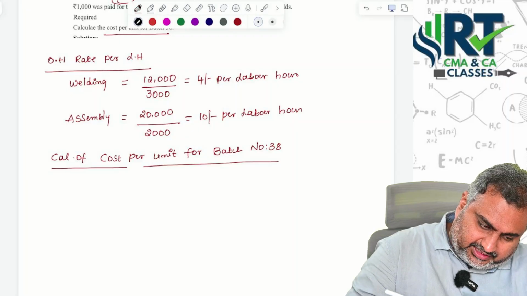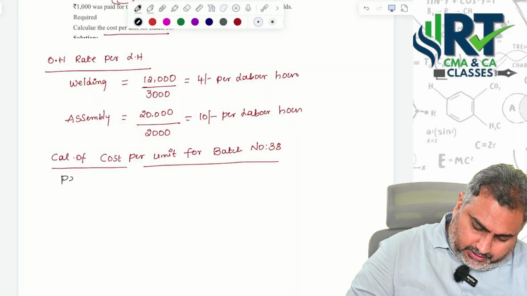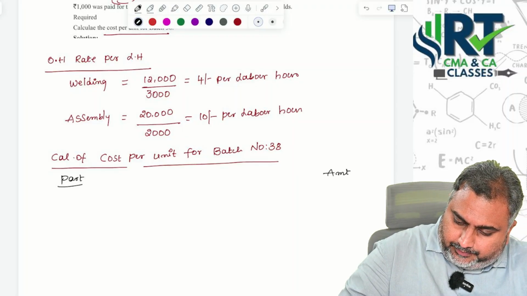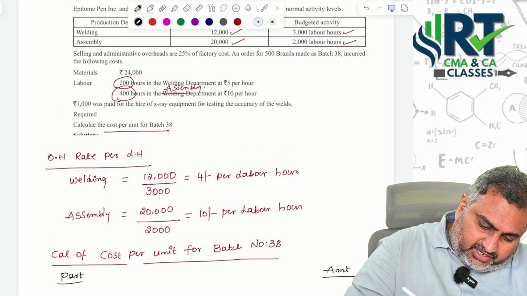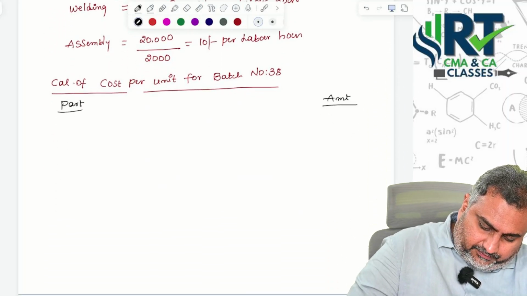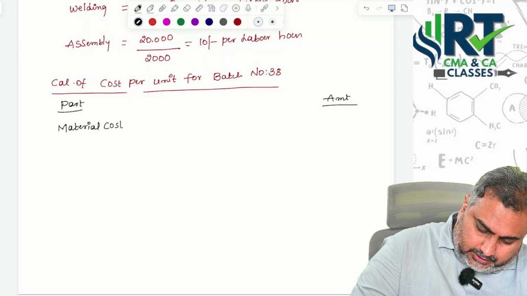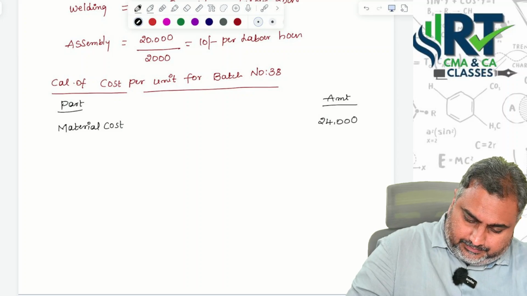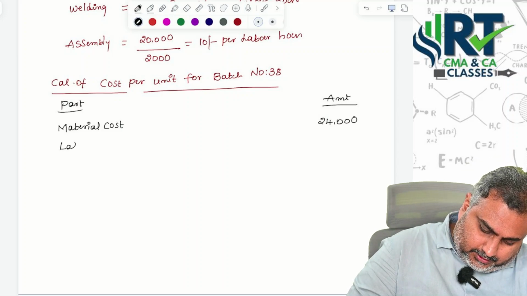Particulars and amount. Material cost is already given, 24,000.